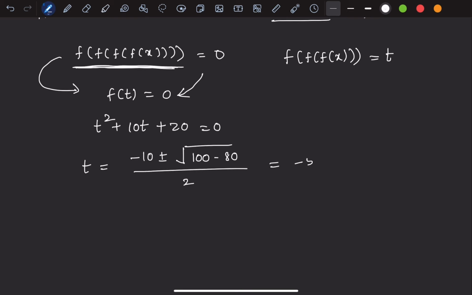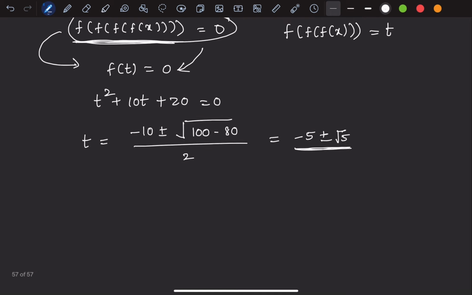So this will give you minus 5 plus or minus root 5. Sorry, t is equal to minus 5 plus or minus root 5 makes this particular expression 0.